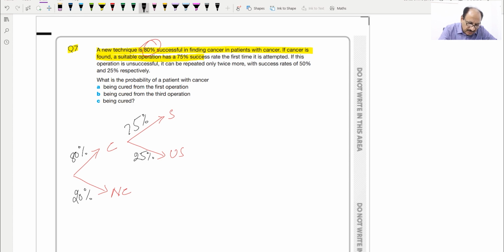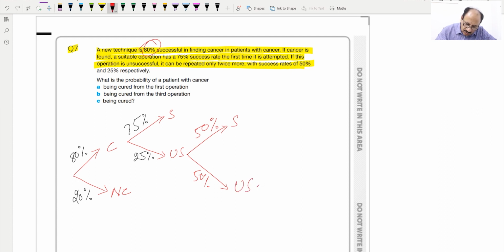Now the next situation is what? First time it is attempted. If this operation is unsuccessful, it can be repeated only twice more with a success rate of 50%. So this success will be 50%, and unsuccess will also be 50%. So this is successful and unsuccessful.